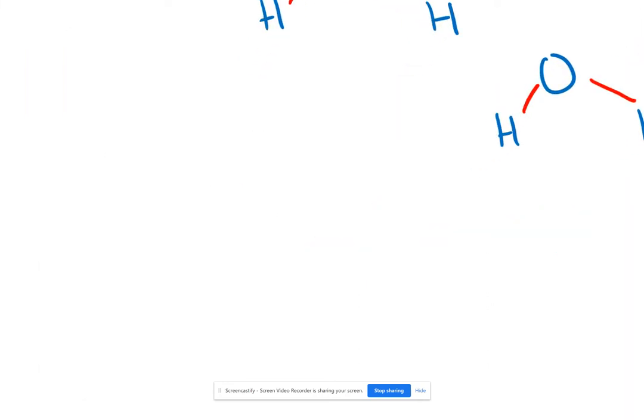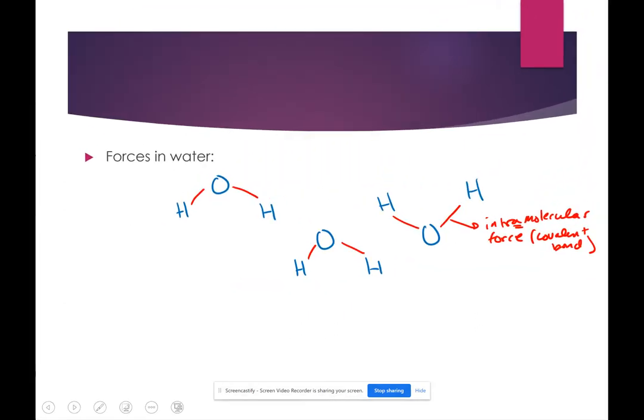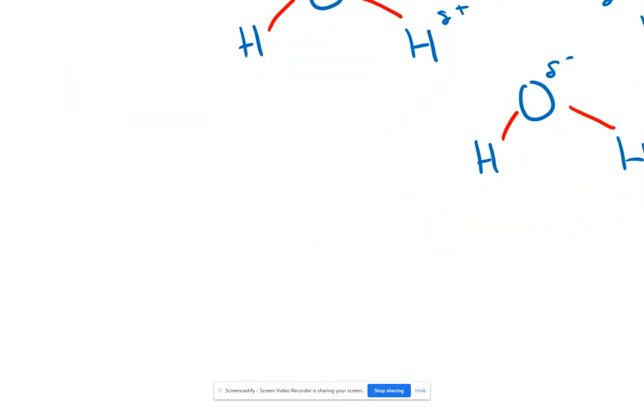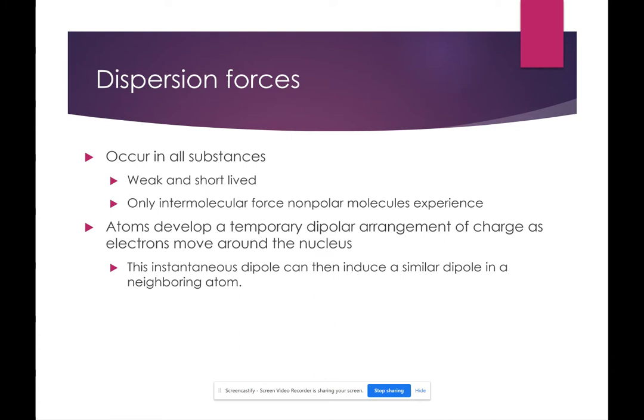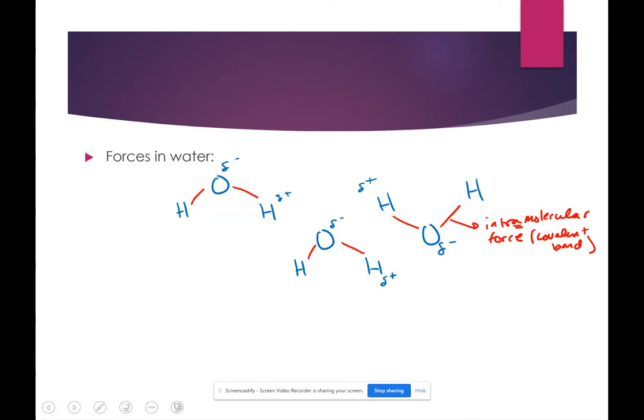We know in water that the oxygens are partially negative and the hydrogens are partially positive. So it makes sense that the partial negative oxygen of one water molecule is attracted to the partial positive hydrogen of another water molecule.